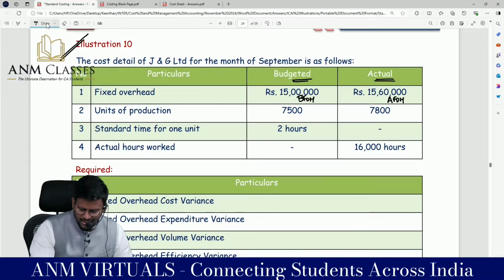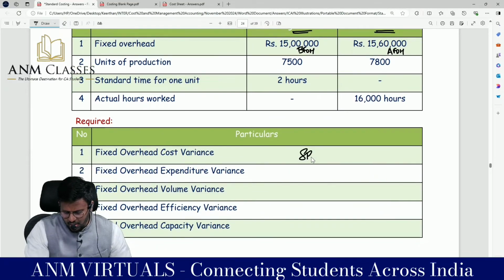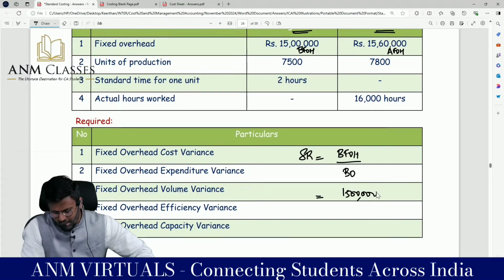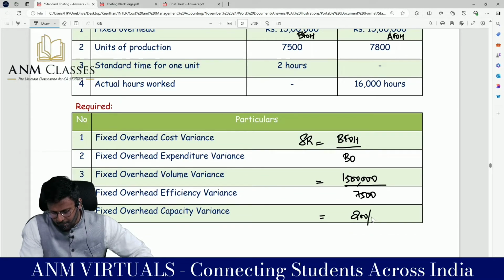We have to calculate the standard rate. Standard rate is equal to BFOH divided by BQ. That is 15 lakhs divided by 7,500, which comes to 200 per unit.